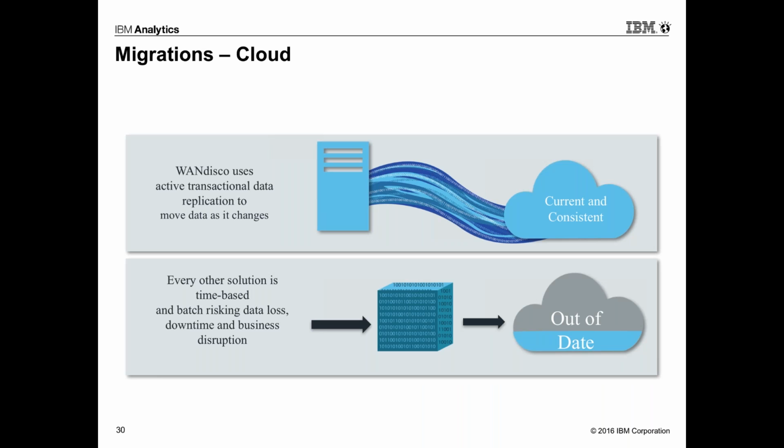Migration is another big use case for Big Replicate, because, like I said, companies nowadays use clouds. Many of them use the cloud as backup computing resources, and because data is actively replicated in near real time, those cloud computing resources have the same data available to them when the need comes.